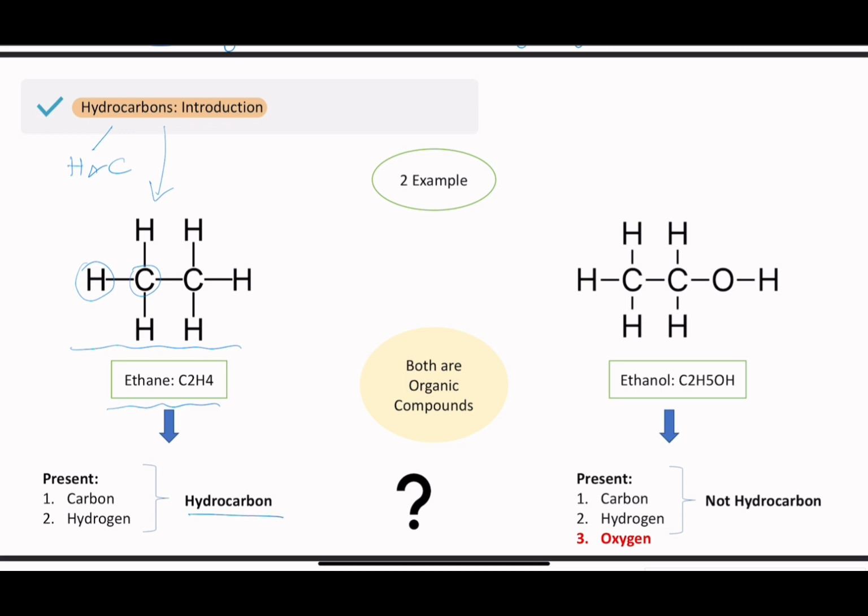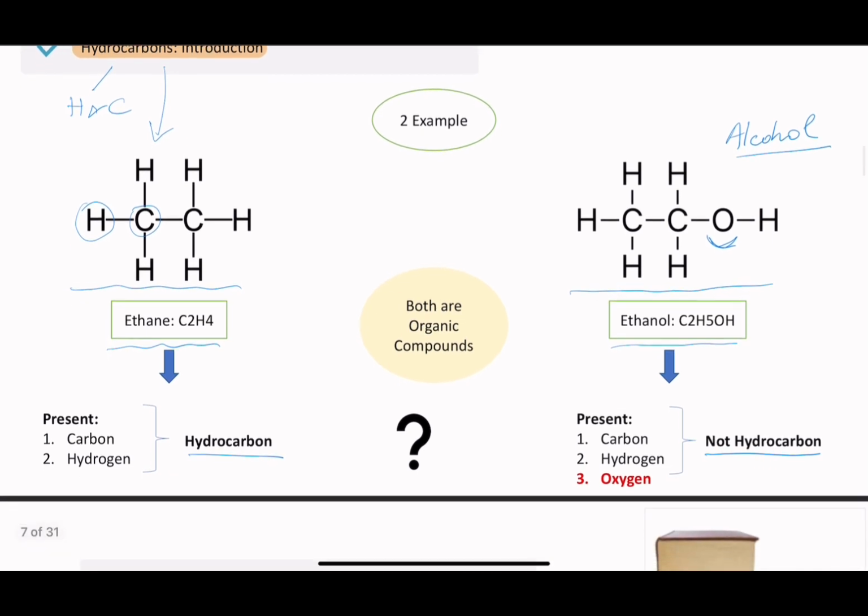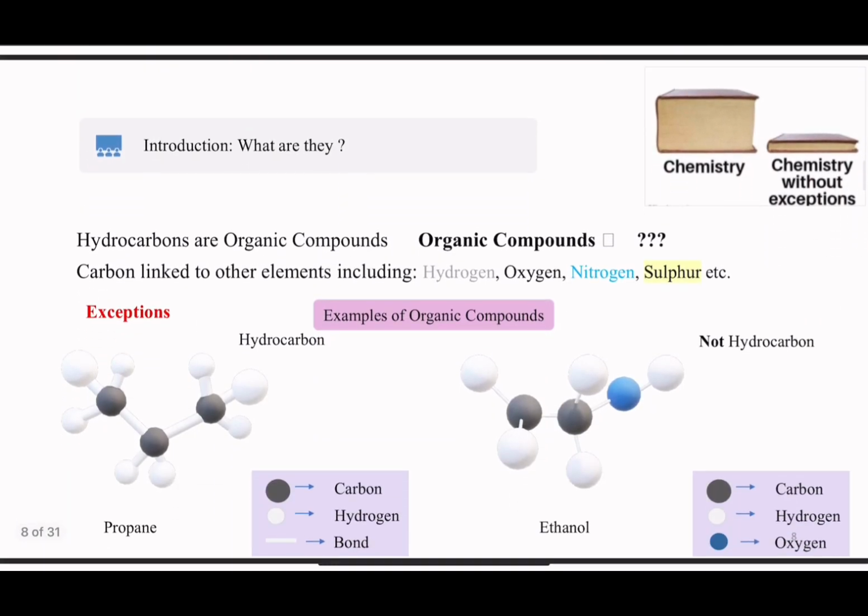But the one that we have in here is ethanol. And this is not a hydrocarbon. It is an alcohol, which we will talk about later on. Ethanol has oxygen in it. That's why it is not a hydrocarbon. So now we know what is a hydrocarbon and what is not.